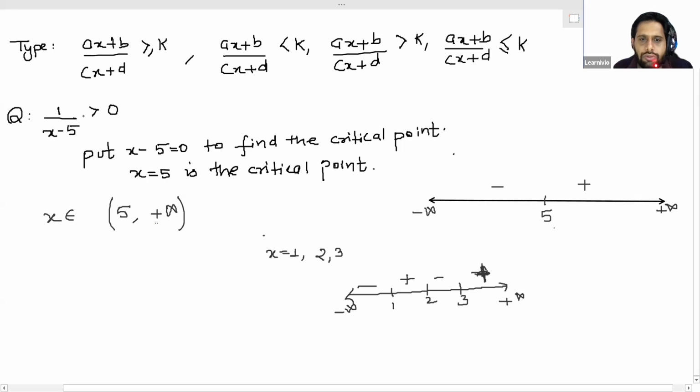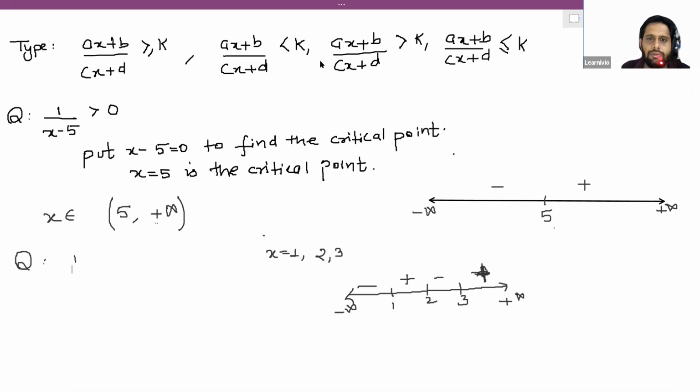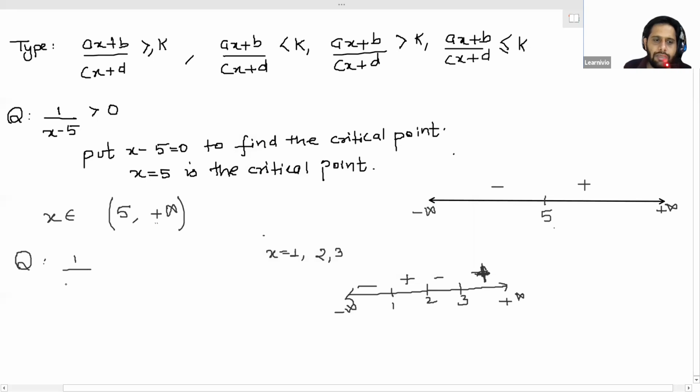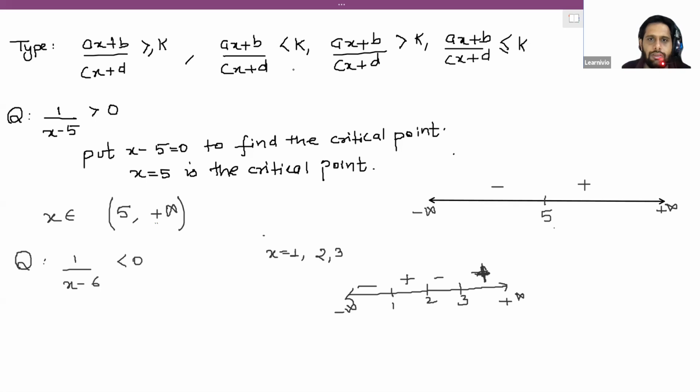Please note down this question and try this one: 1 by x minus 6 is less than 0. Share your answer with me.